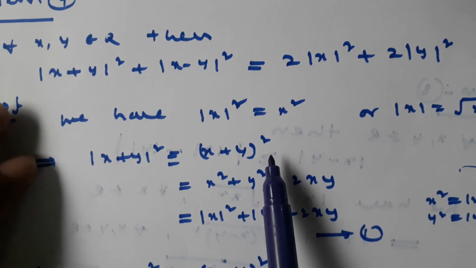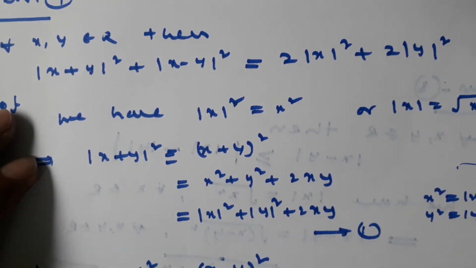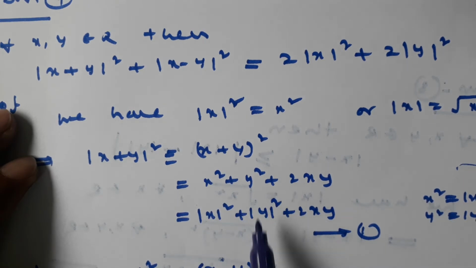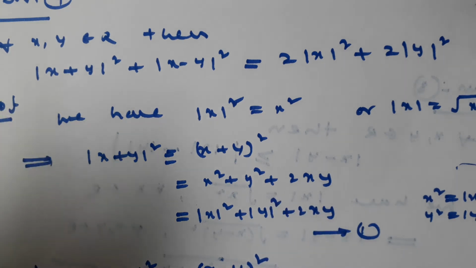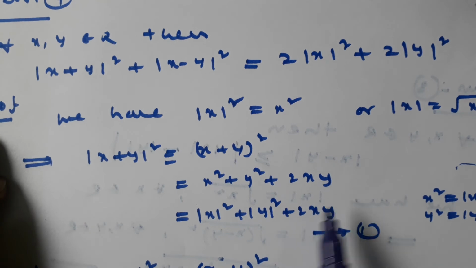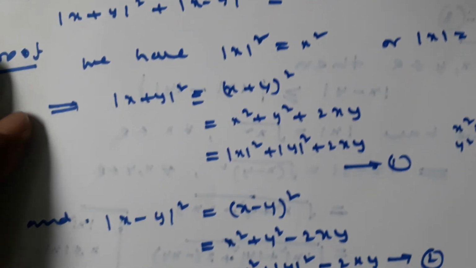Expand this whole square form: x square plus y square plus 2xy. Again x square is always mod x square, plus y square is mod y square, plus 2xy is as usual, won't change. So this also changes for greater than or equal to or less than or equal to. So this is okay.